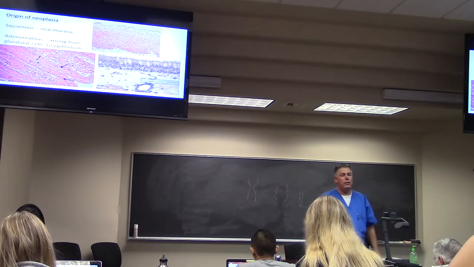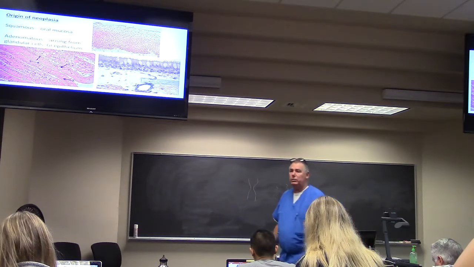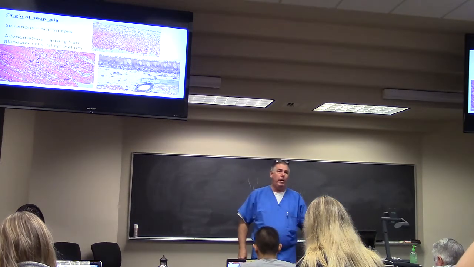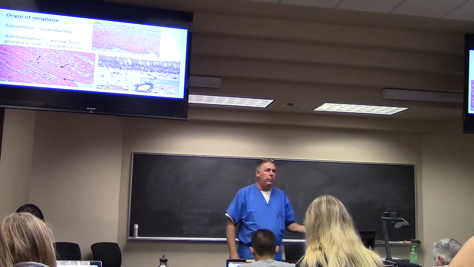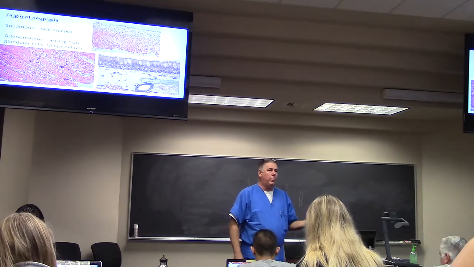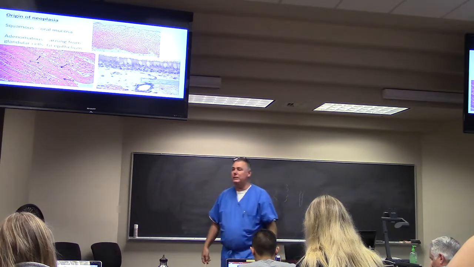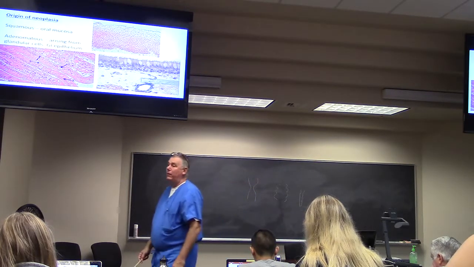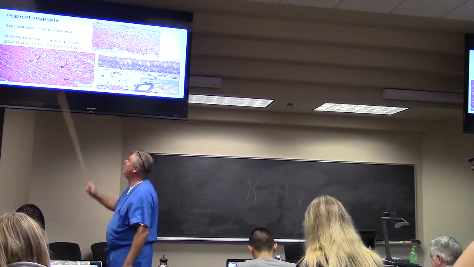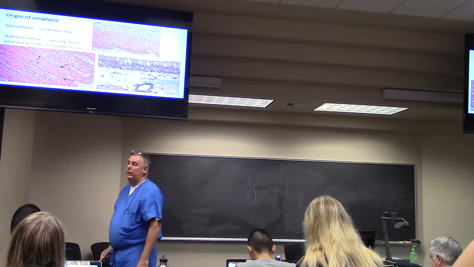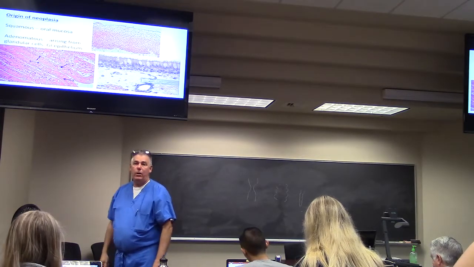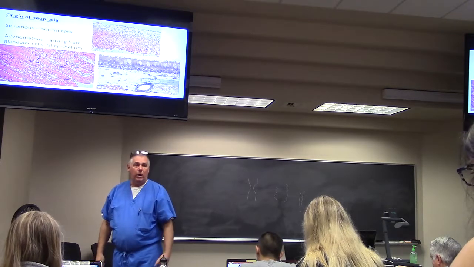There are some neoplasia that come from bizarre places like lymphoid. We're not going to really deal with it. We're going to talk about the two primary and then a little bit of a tertiary, but the two primary places are either the tumor is going to be squamous in origin or it's going to be adenomatous or glandular.